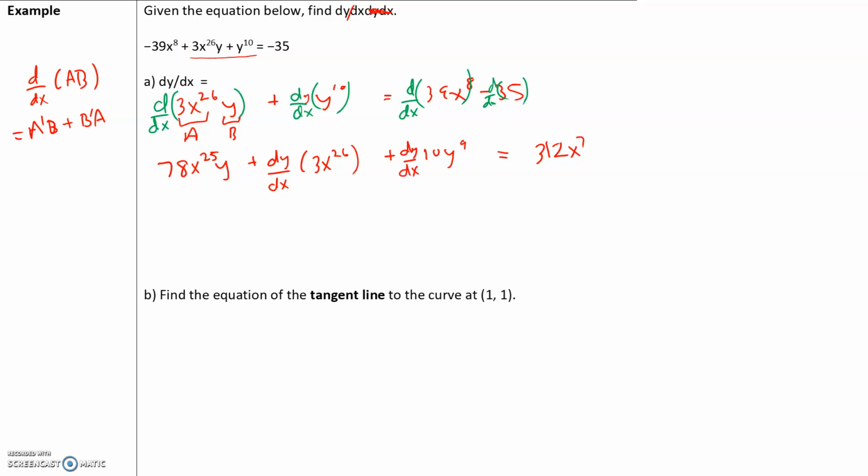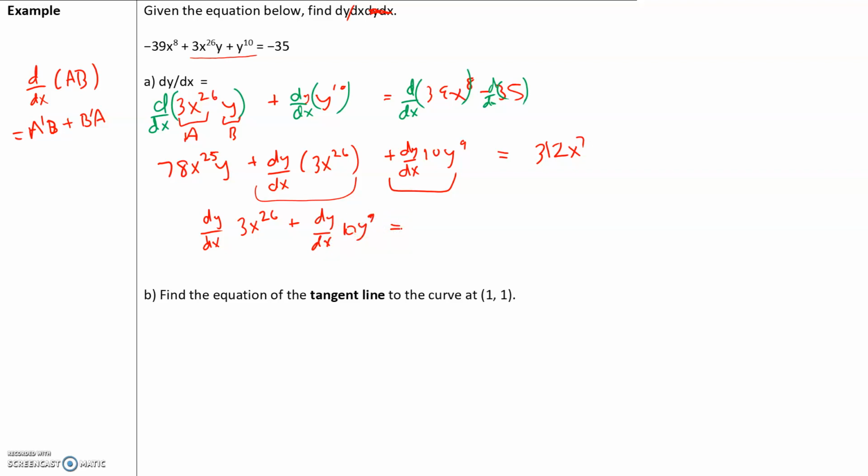Now, whatever doesn't have a dy/dx goes to the other side. So this stays and this stays. So on the left side, I have dy/dx times 3x to the 26th plus dy/dx times 10y to the 9th.